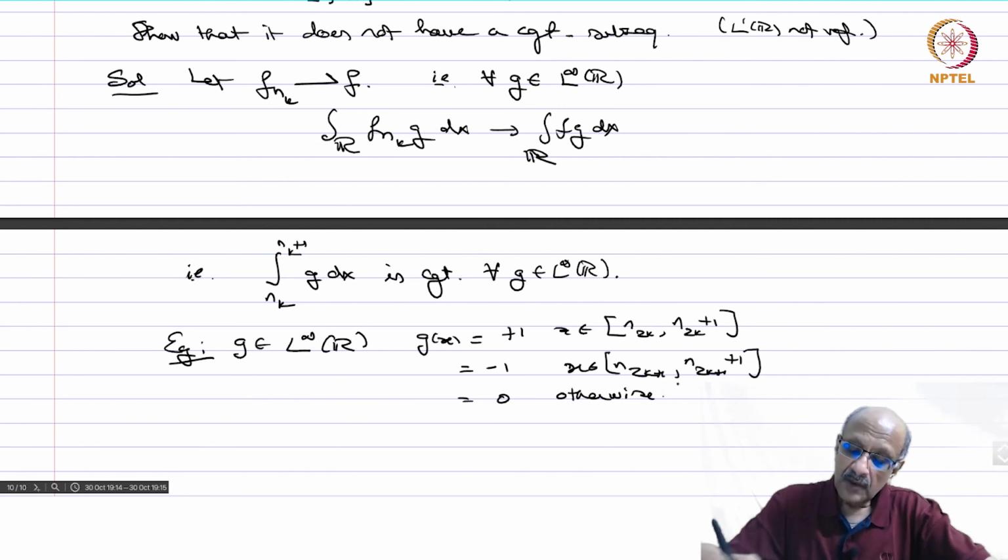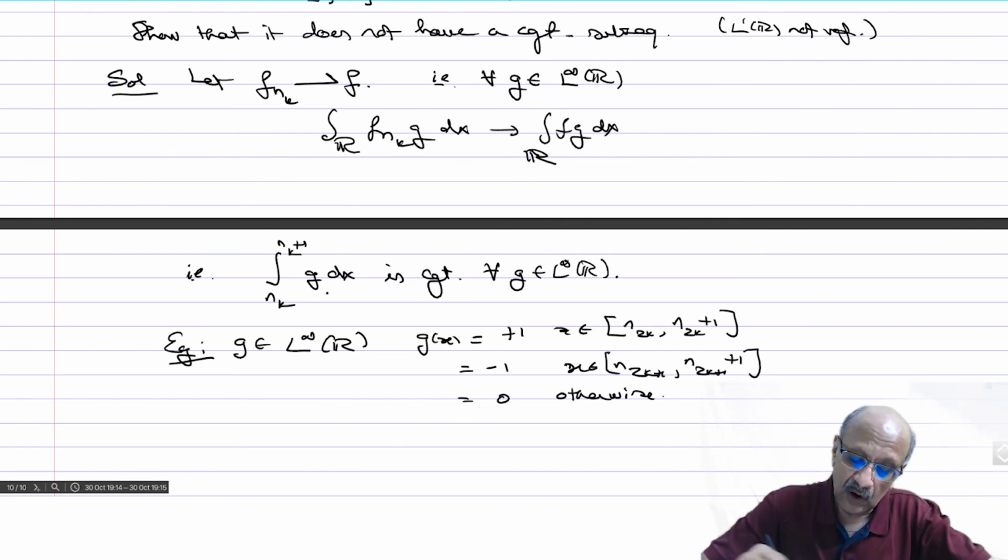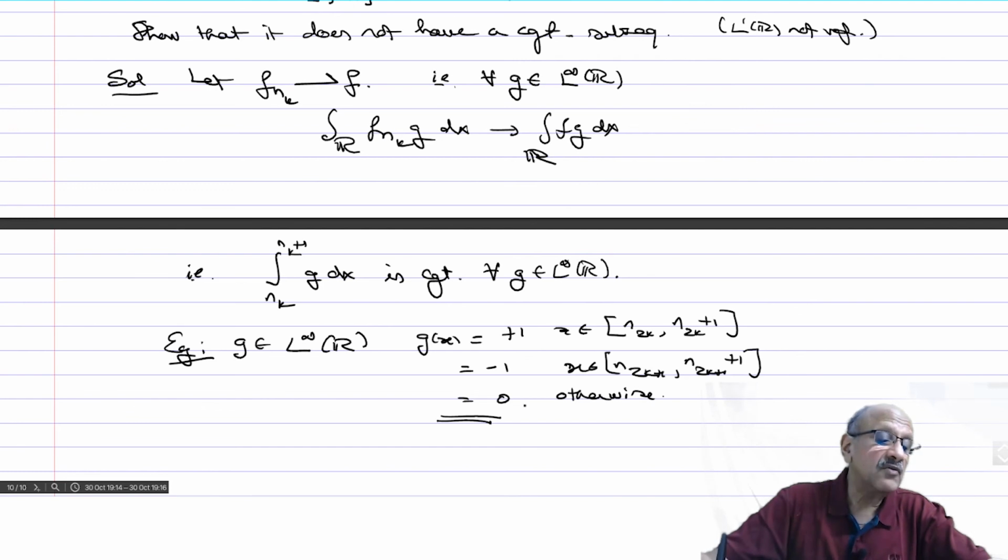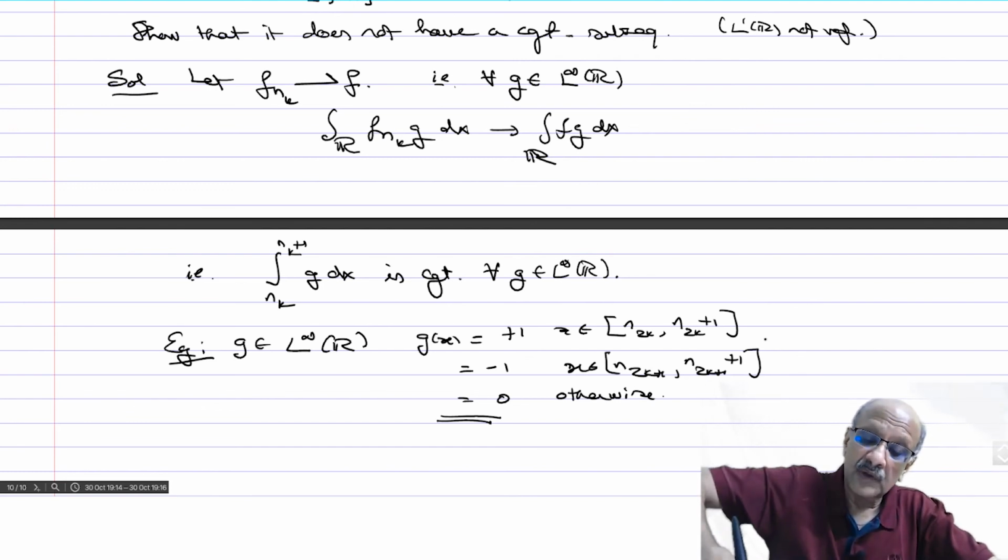Such a thing will alternately give you plus 1, minus 1 and so on in the integral, and therefore that integral cannot converge. If you compute this, you will alternately get plus 1, minus 1, plus 1, minus 1 for the subsequence, and that is not a convergent subsequence. So you cannot have a convergent subsequence for this. Okay, we will continue with more exercises.